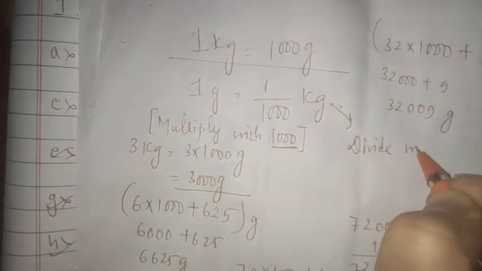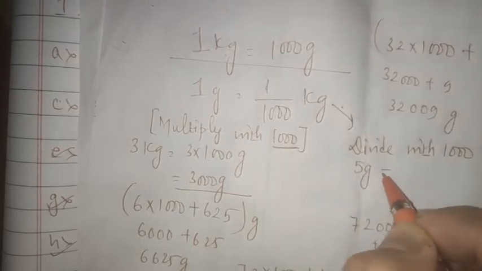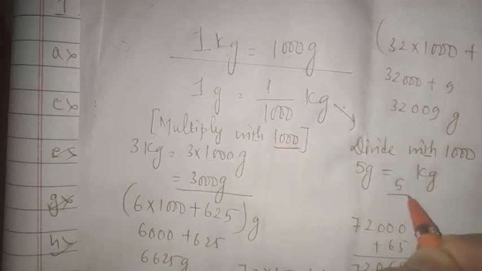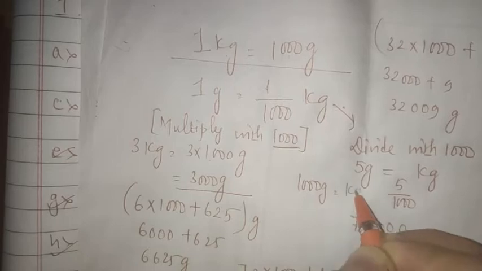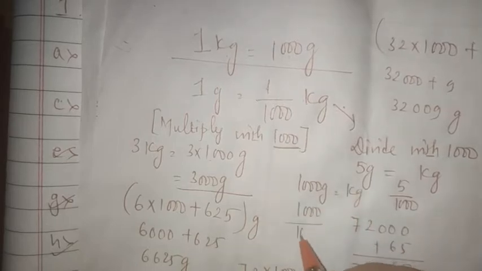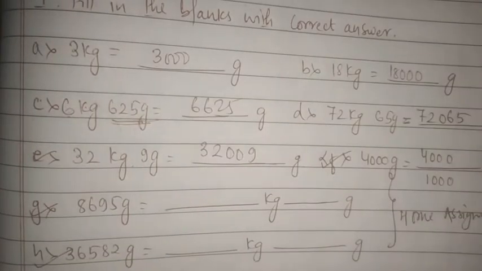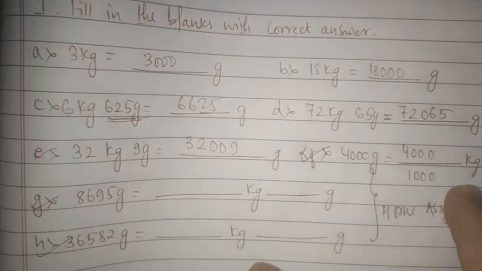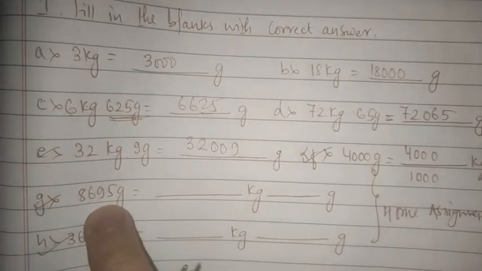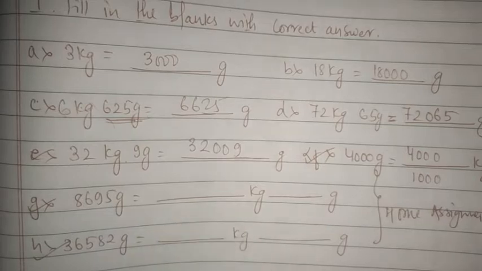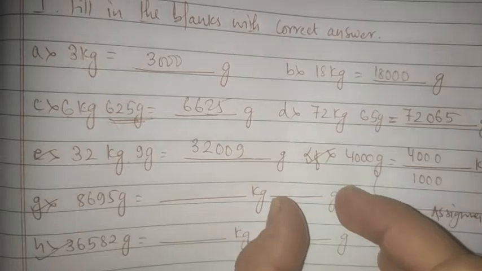If you have to convert 5 gram into kg, you'll do 5 by 1000. If you have to convert 1000 gram into kg, it is 1000 by 1000, which is 1 kg. It is very simple, right? So when converting gram into kg, divide with 1000 and the remainder will be gram.